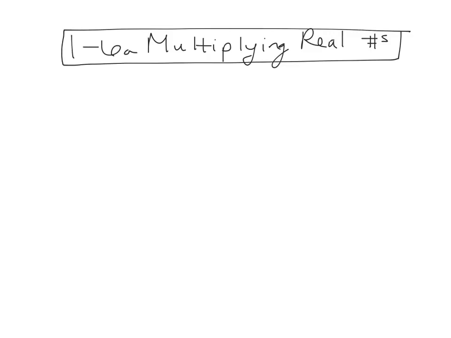The first is if you're multiplying numbers with the same sign versus the second, which is if you're multiplying numbers with different signs.